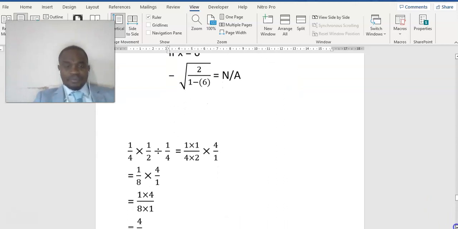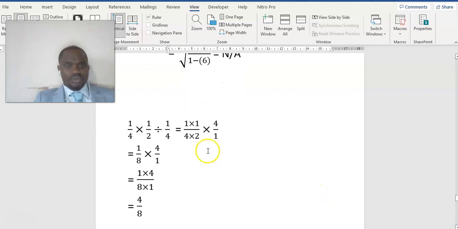Okay, then this also, if I have a question like this, what am I going to do? It's going to be 1 times 1 over 4 times 2. Then we find the multiplicative inverse of this one. So division, we change it to times. If we change it to multiplication, this 4 will go up and the 1 will come down.